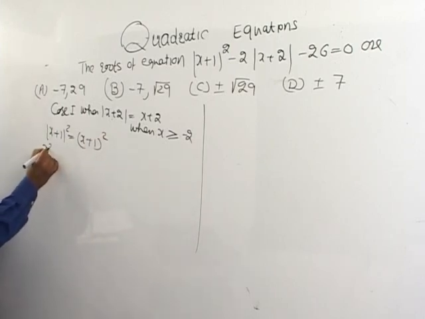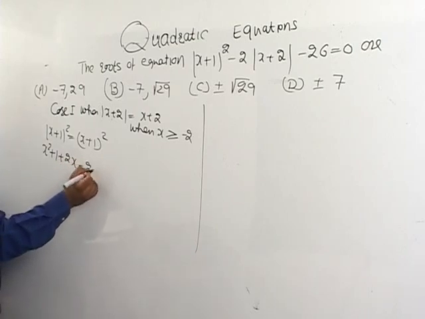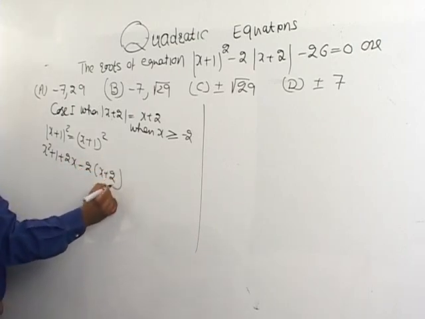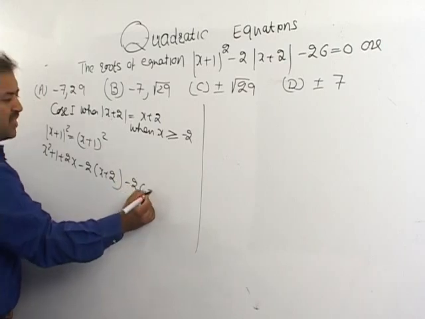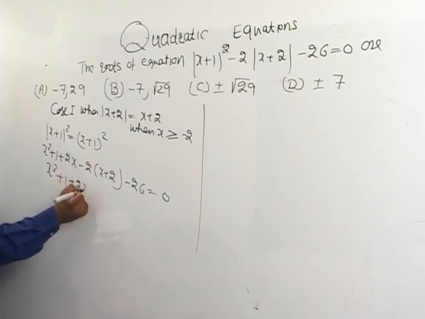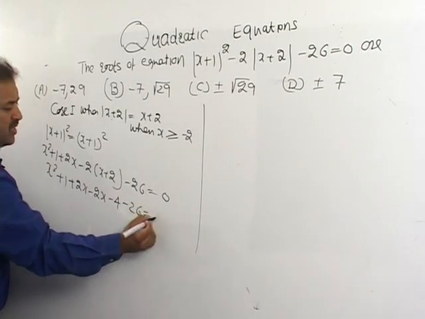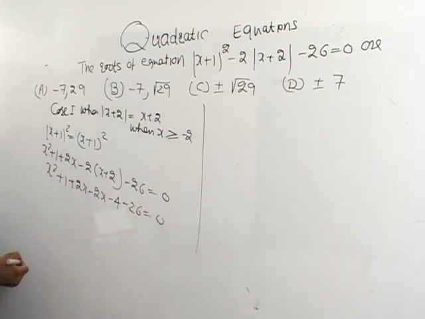This is x square plus 1 plus 2x minus 2 into (x plus 2) minus 26 is equal to 0. x square plus 1 plus 2x minus 2x minus 4 minus 26 is equal to 0.